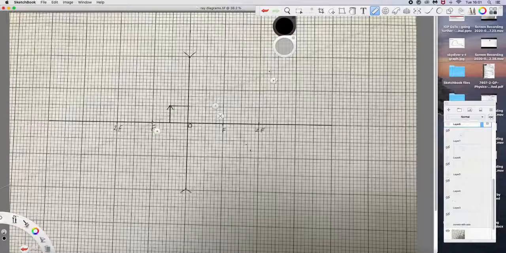It diverges as if it came from the focus. So the ray does that, and it appears to have come from there. And then a ray which comes in through the optical center will also go straight through. So there's our ray.